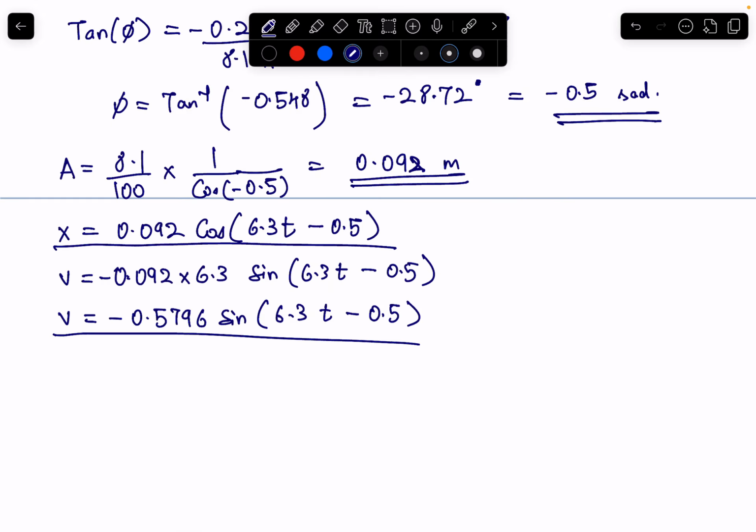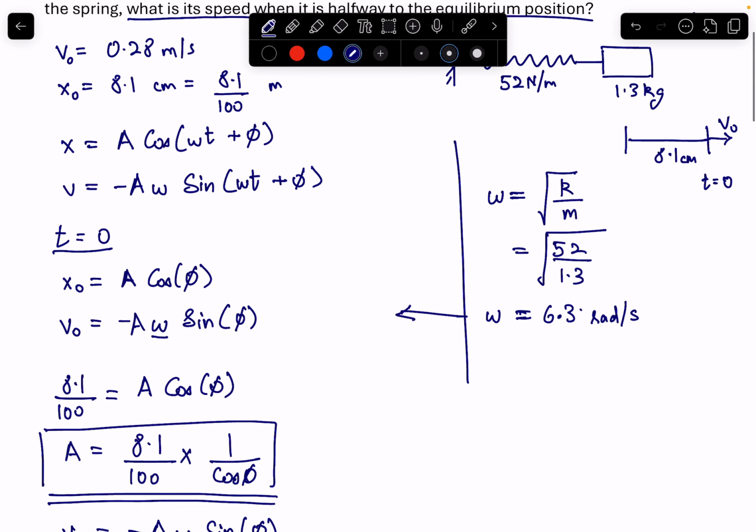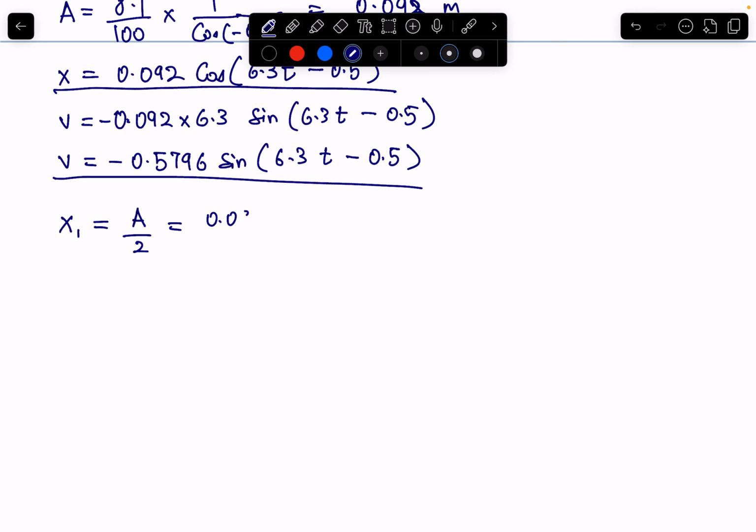Now the question is, what is its speed when it is halfway to the equilibrium position? So halfway to the equilibrium position, x1 is A by 2, so that is 0.092 divided by 2.